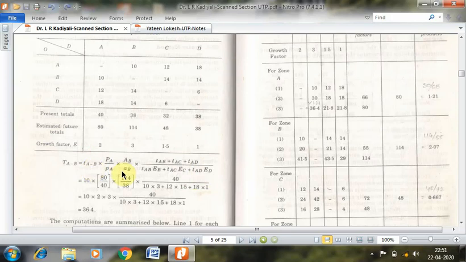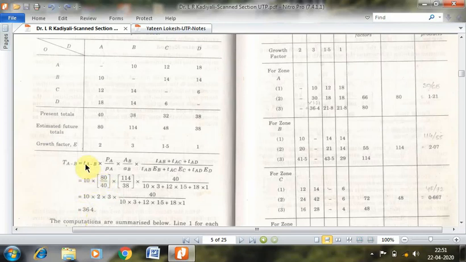Remember this general template and it would be easy for you to solve for the other cases as well if asked in the examination. Once you substitute all these contents into it, you will get the total future number of trips as 36.4.